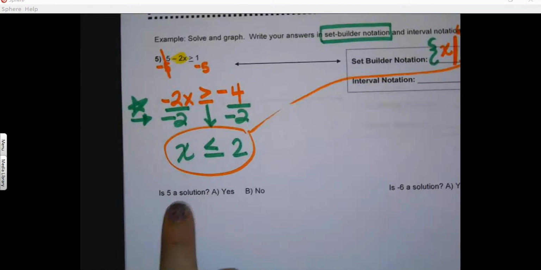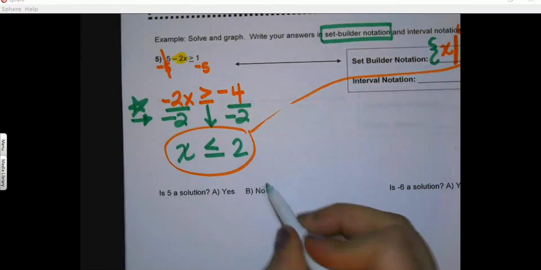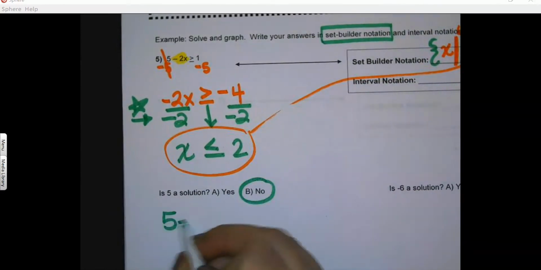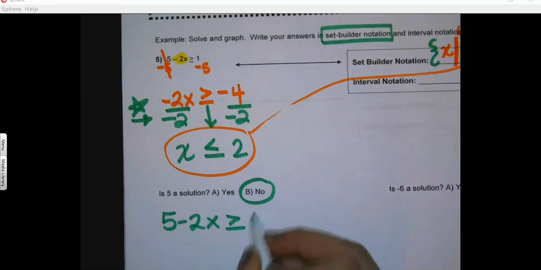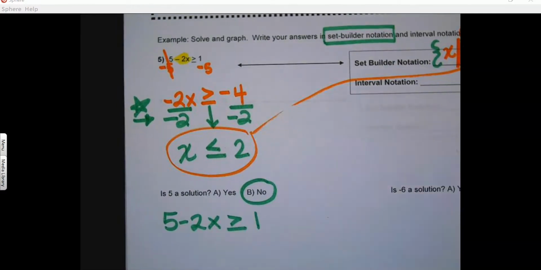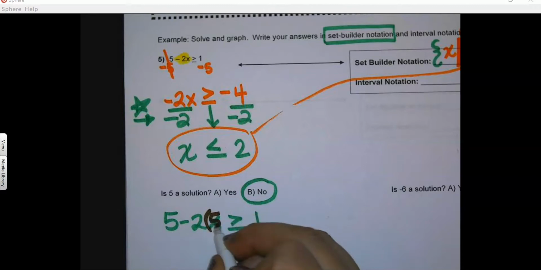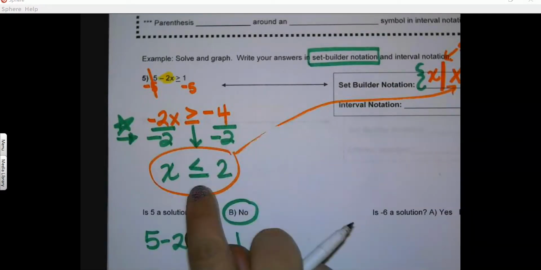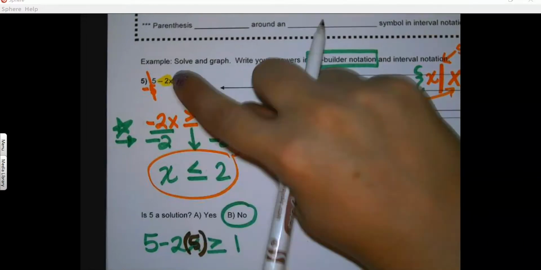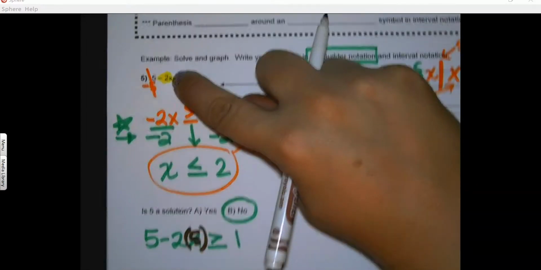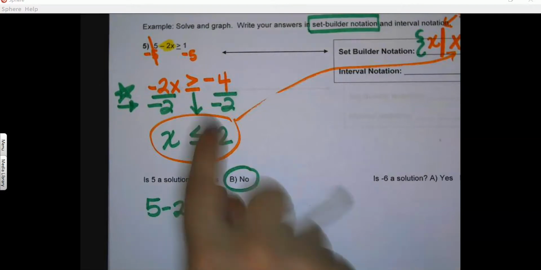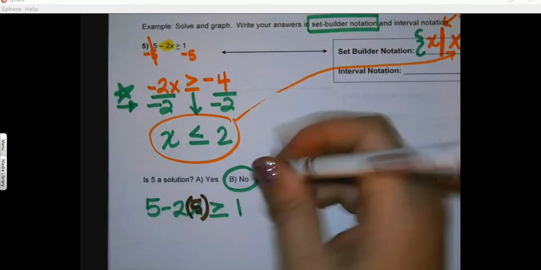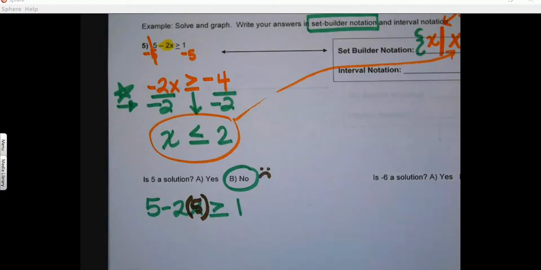No. So what that means is when I take the original problem that we were given, if I were to take out this x and put in a 5, it shouldn't work. That's what this is saying. It's telling us the numbers that can go in that x spot there. So according to this, no, this is a bad number. It should not work. So let's see what happens when we check it here.